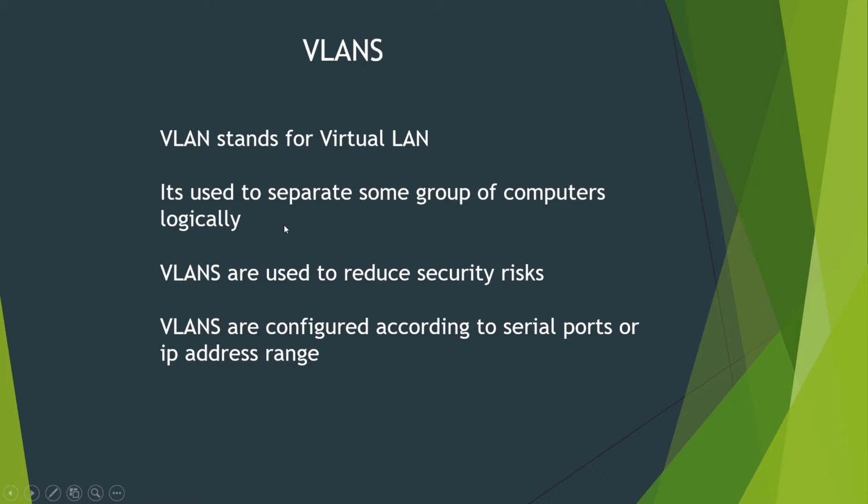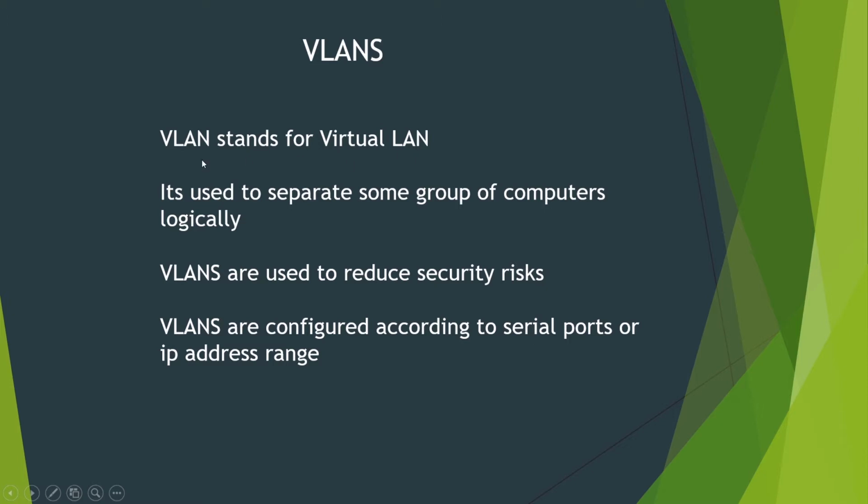So it means that if you create a VLAN for 10 computers, those 10 computers cannot contact other computers. Suppose, for example, in my college there are some departments like computer science and electronics. Every computer comes under one LAN, the local area network of my college, right?